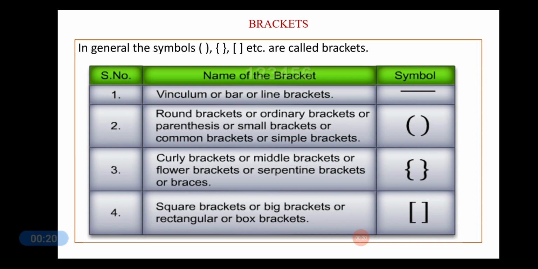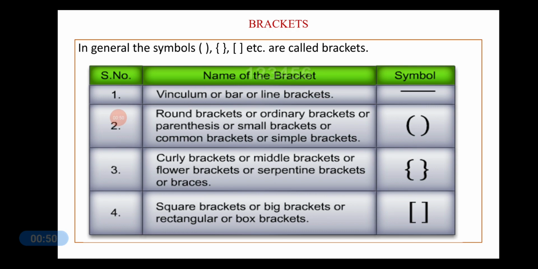In general, there are certain symbols which you must have seen, like these. These symbols are called the brackets. Let us study about these symbols. The first one that you see is a simple line which is drawn over any number or any x or y or z, that is the literals.